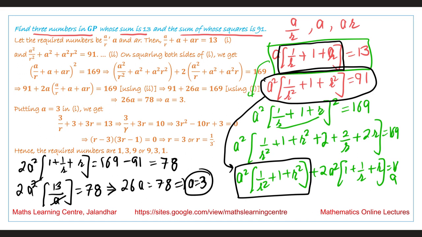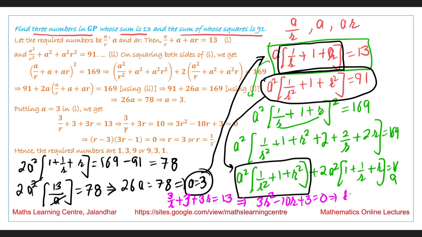Now if we substitute this value of a in this first equation, it will become 3 by r plus 3 plus 3r, that is equal to 13. So this will make the quadratic equation 3r square minus 10r plus 3 is equal to 0, and on solving this we will obtain r is equal to 3 or r is equal to 1 by 3.